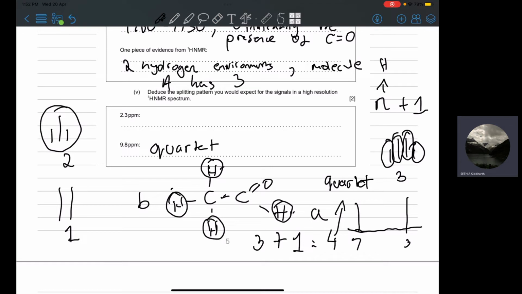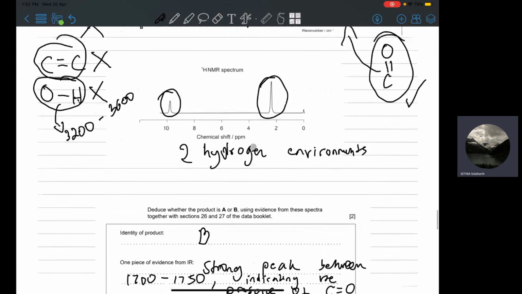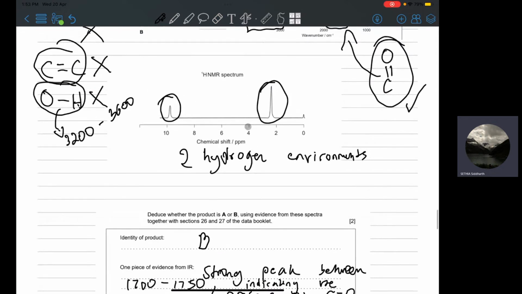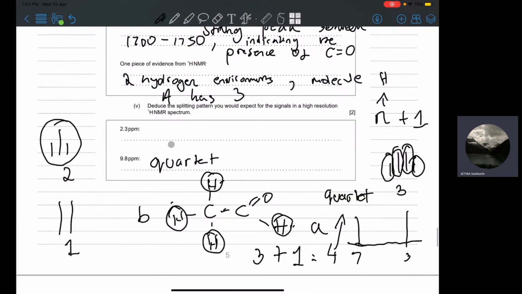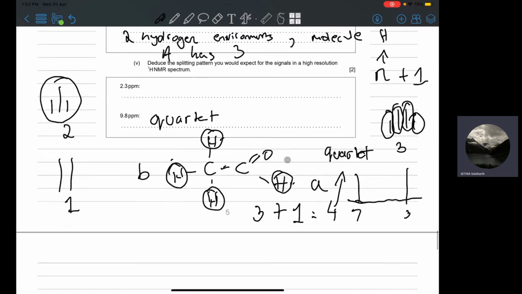Now you may be wondering, why did I write this quartet at 9.8 ppm instead of 2.3 ppm? That's because in the HNMR spectrum, the chemical shift is much higher for hydrogens which are close to an oxygen.